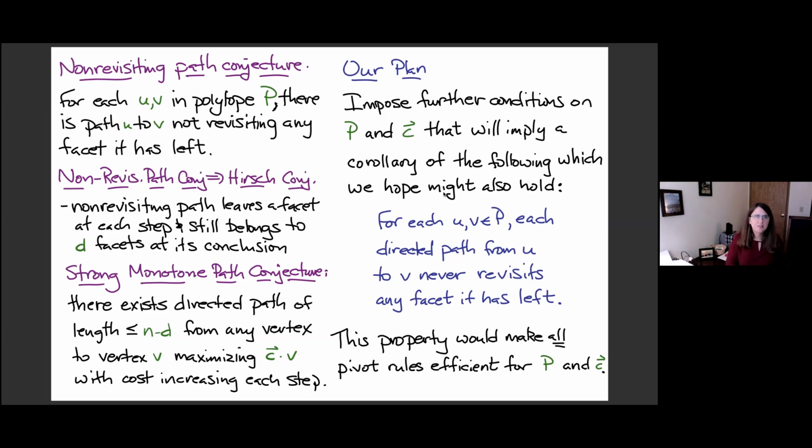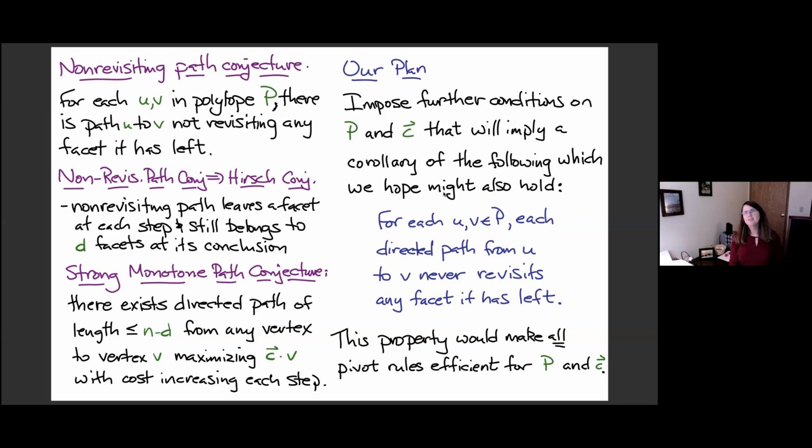I'm not going to address that conjecture, but the diameter is certainly related to this directed diameter that we're interested in. Santos proved it's hopeless for polytopes in general to have this n minus d diameter, or this non-revisiting path conjecture.